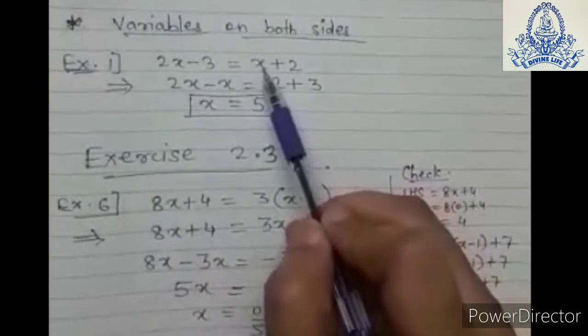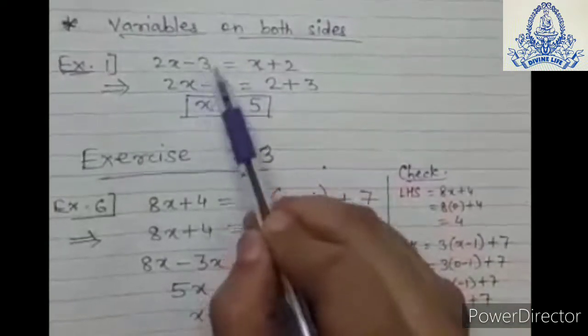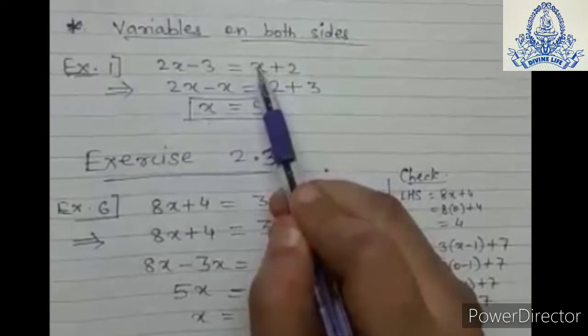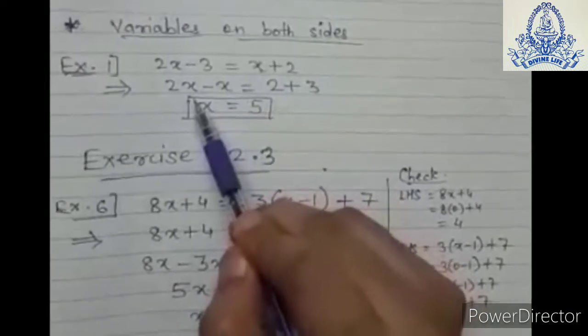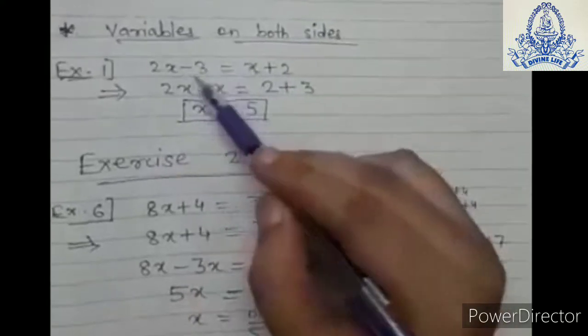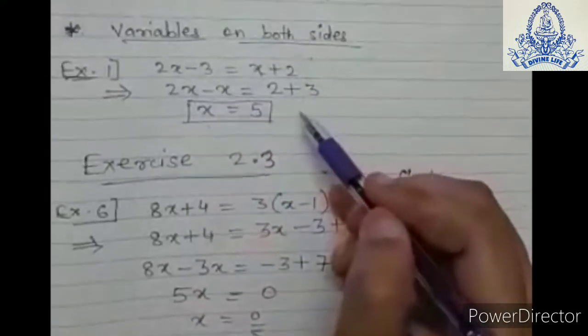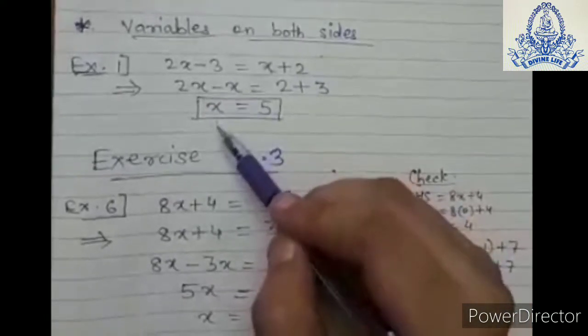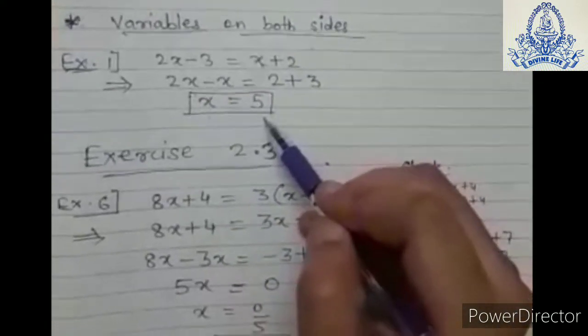So we will bring this x to the LHS and we will put this minus 3 on the RHS. This is positive, so bringing it to the LHS it becomes negative. So 2x minus x, and this minus 3 going to the RHS becomes positive, so 2 plus 3. So 2x minus x is x and 2 plus 3 is 5.